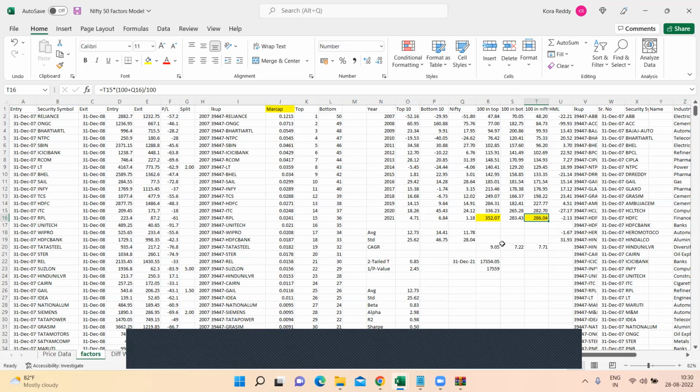Wipro is one example. I don't know the market cap in 2007, but in 2000 and 2001 times, Wipro was almost the top market cap company. I don't remember exactly, but you could have seen the headlines, something like Azim Premji is the richest man in the world, or second richest, when the Wipro stock went through the roof.